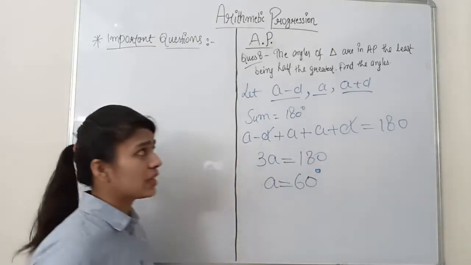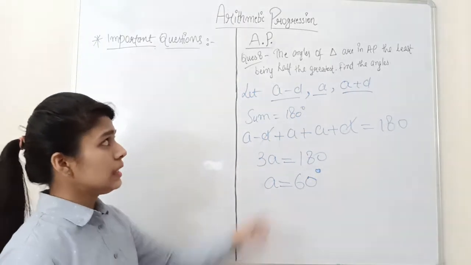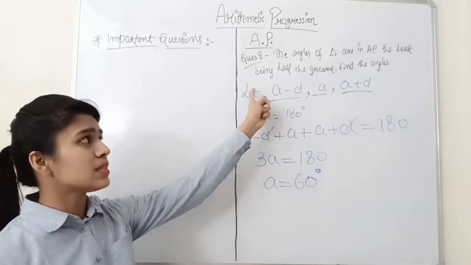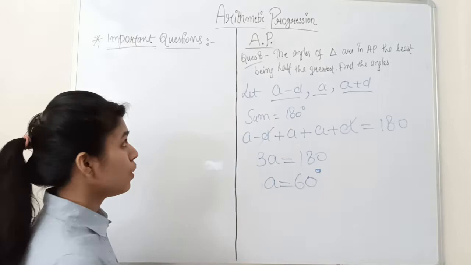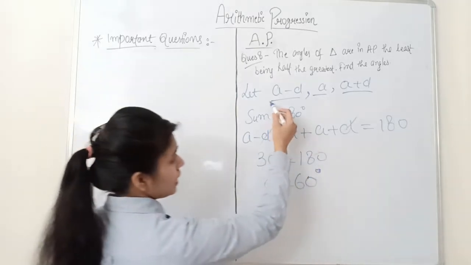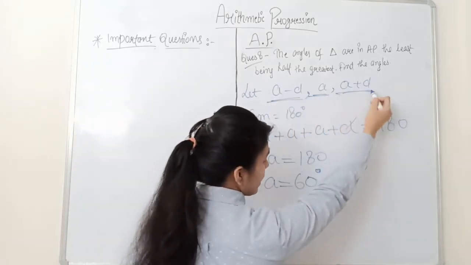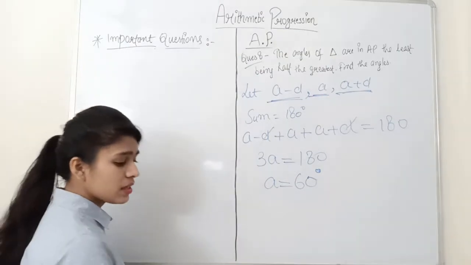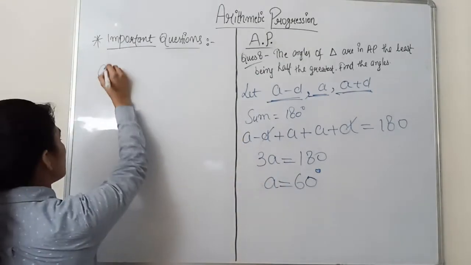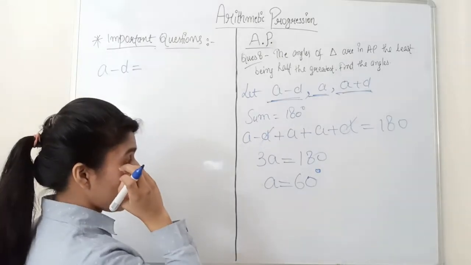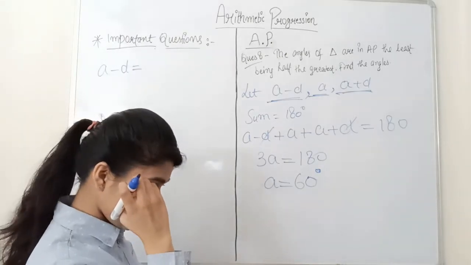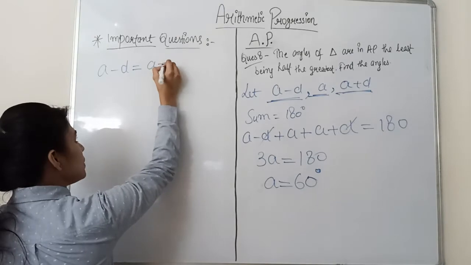Now what is the condition given in the question? The least value is half of the greatest value. What is the least value? In these angles, a minus d is the least value. So a minus d is equal to half of the greatest. What is the greatest? a plus d.